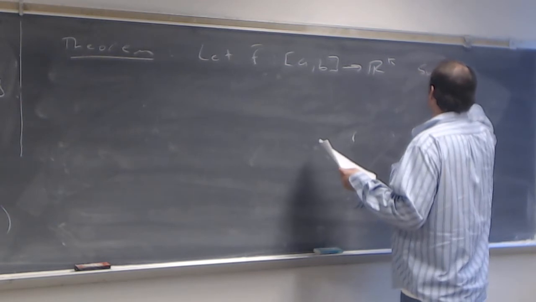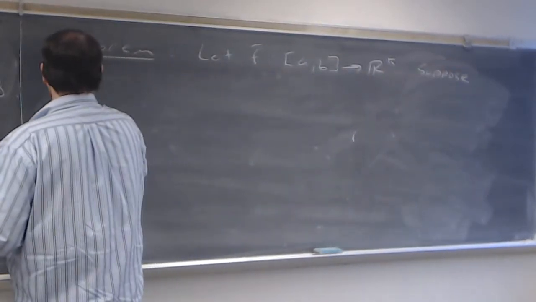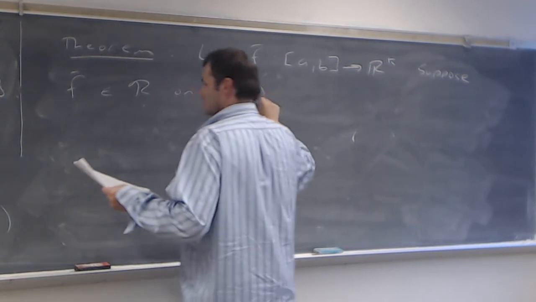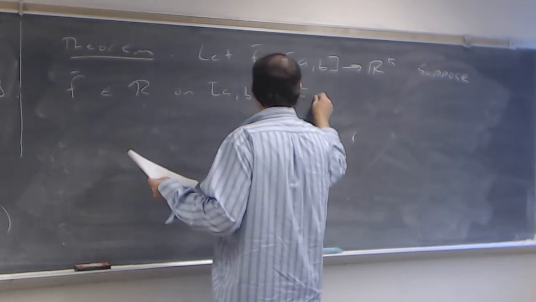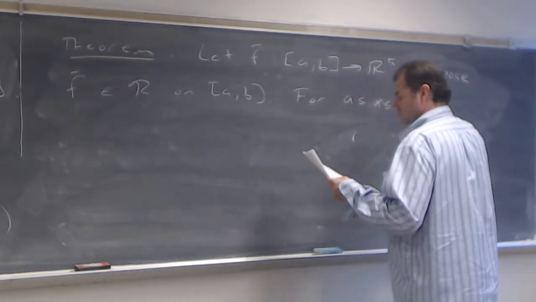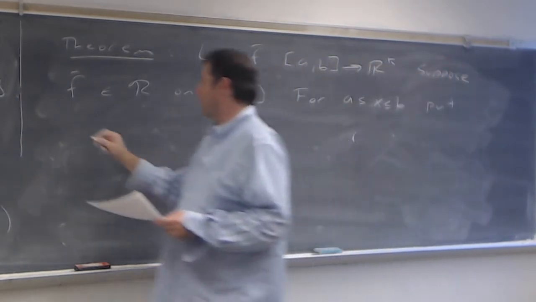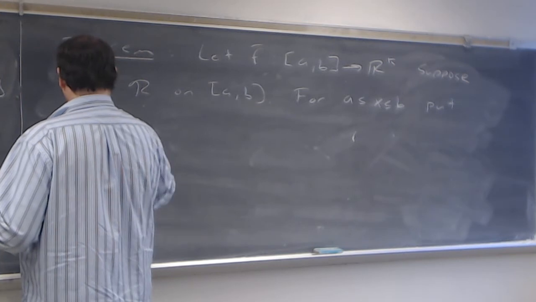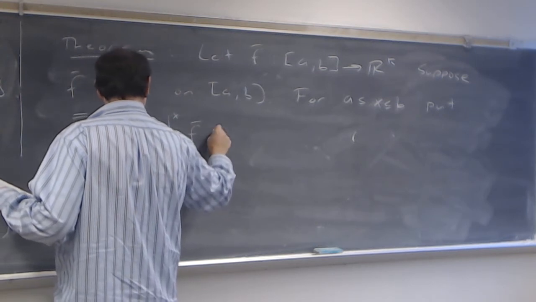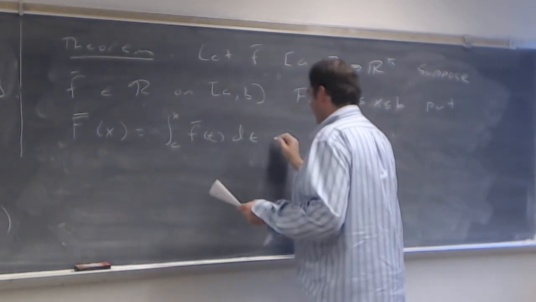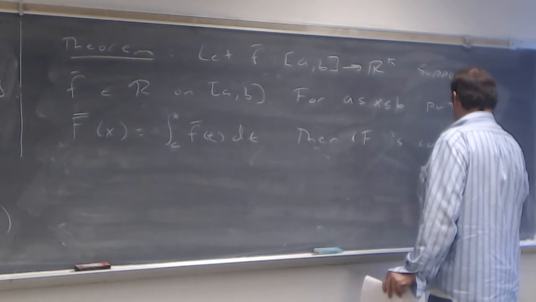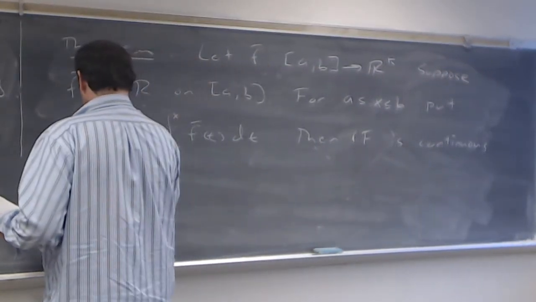Suppose f bar is Riemann integrable on A to B, and then for A less than or equal to x less than or equal to B, put big F bar of x equal to the integral from A to x of little f bar of t dt. Then big F is continuous on A to B.